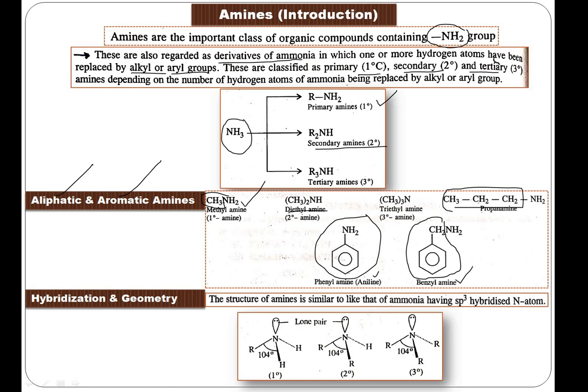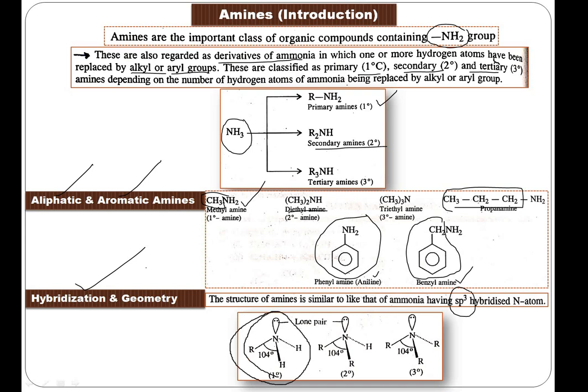Now talking about its हाइब्रिडाइजेशन and ज्योमेट्री, ये बहुत इंपॉर्टेंट एस्पेक्ट है एमीन्स का. एमीन्स की जब आप हाइब्रिडाइजेशन या ज्योमेट्री निकालोगे, so they are the derivatives of ammonia, so the hybridization is automatically sp3. When the hybridization is sp3, आप जानते हो the bond angle should be 109.28 degree and the geometry should be tetrahedral. But then since we have one lone pair here, the geometry deviates from tetrahedral and it becomes pyramidal.